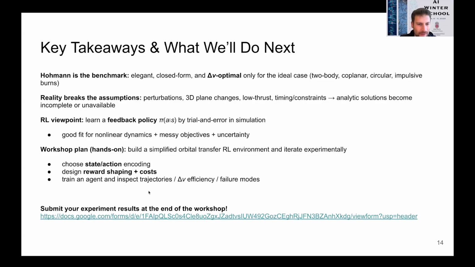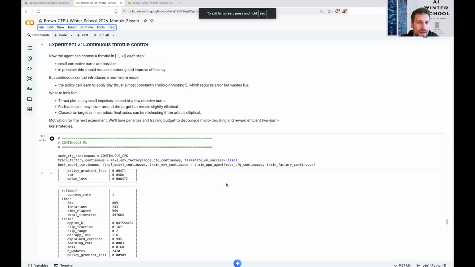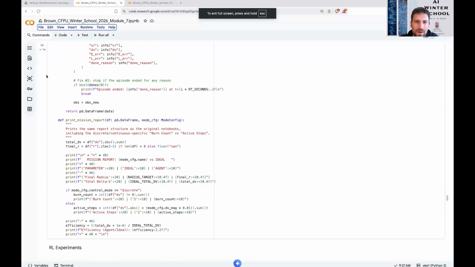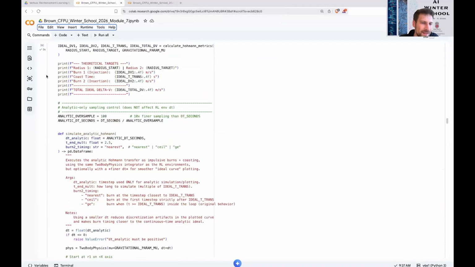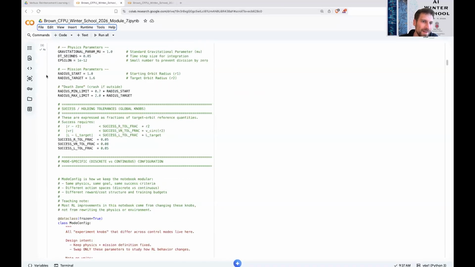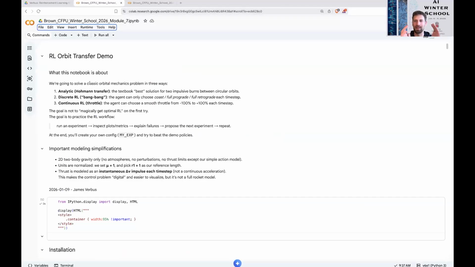Okay, so I'm going to switch over to the notebook at this point. So here it is. I'm going to walk through just to give people context, because I think it's valuable to see in practice, this is a completely self-contained demo in this notebook, how we set this up.